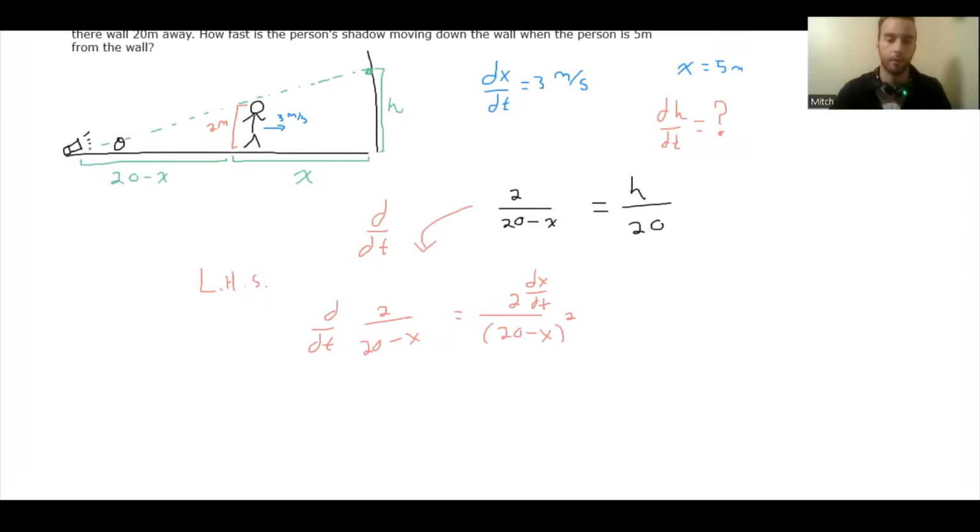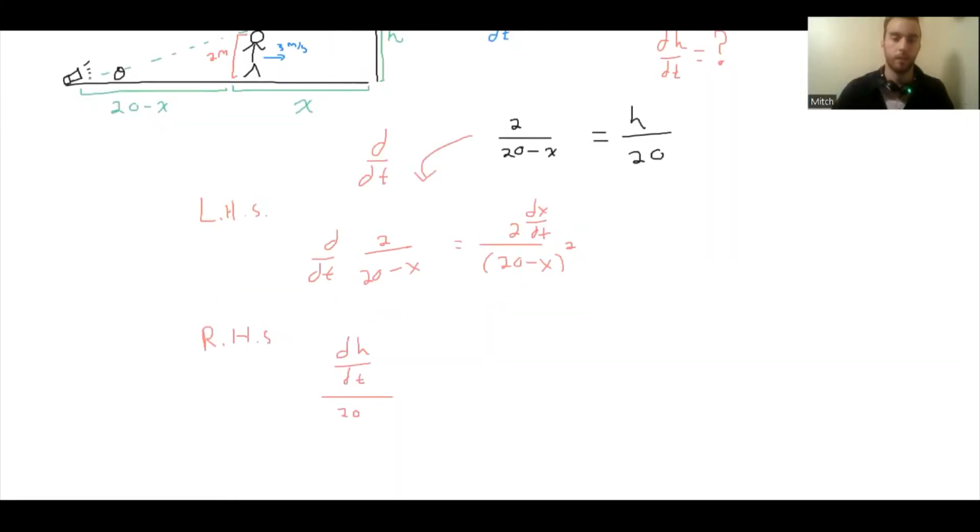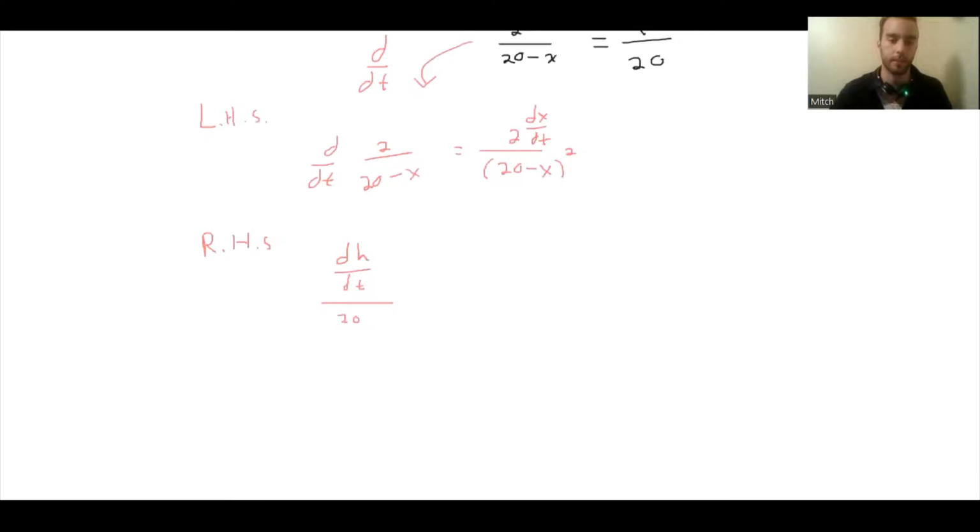And then on the right hand side, we just take the derivative of h. So this is just going to be dh by dt divided by 20. So combining both sides right away, we can just isolate dh by dt.